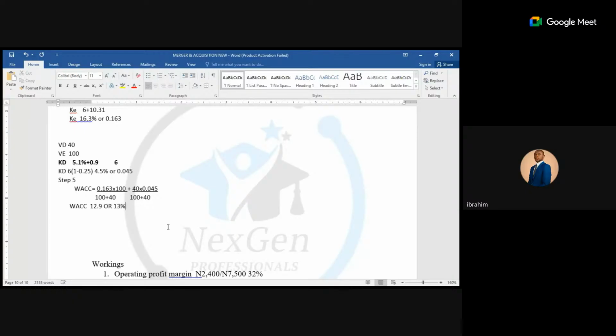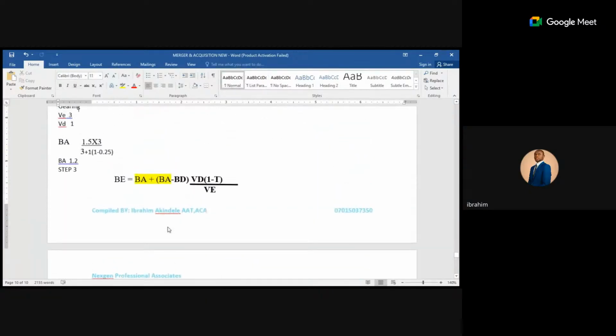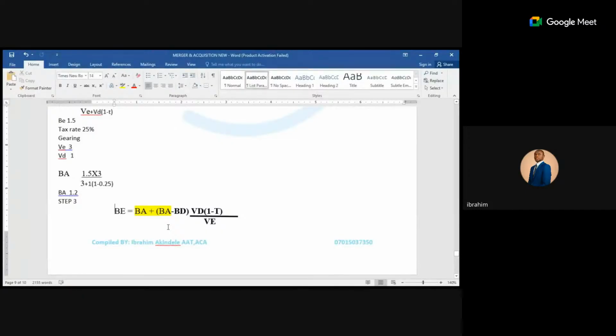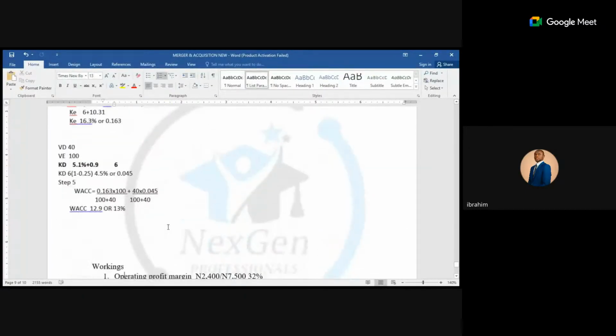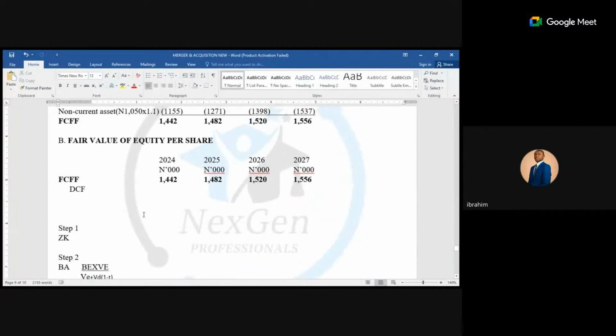We can choose any one. So therefore, what we need to discount with is 13%, right? So if we discount it, 13%. So what do we have here?